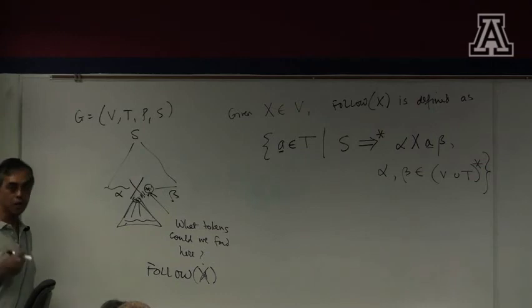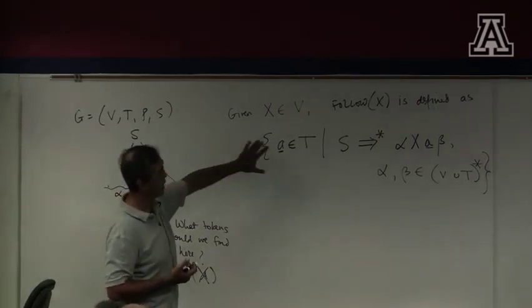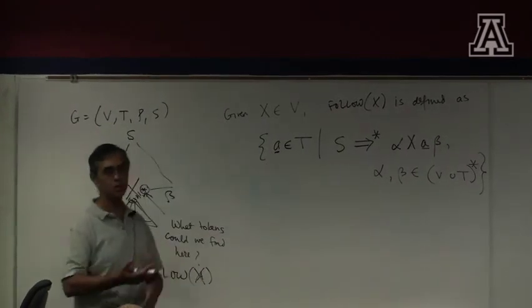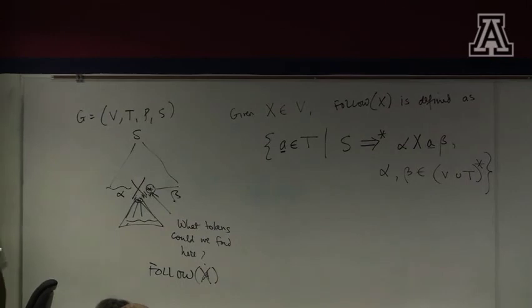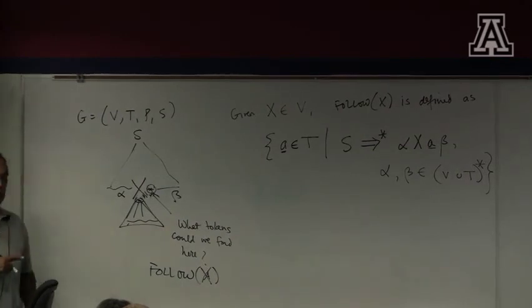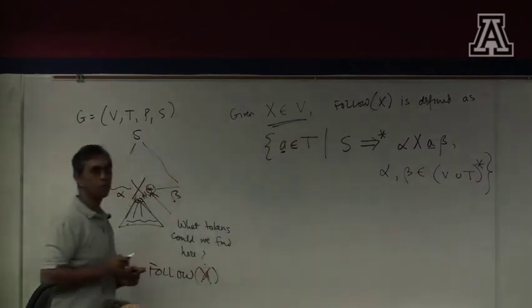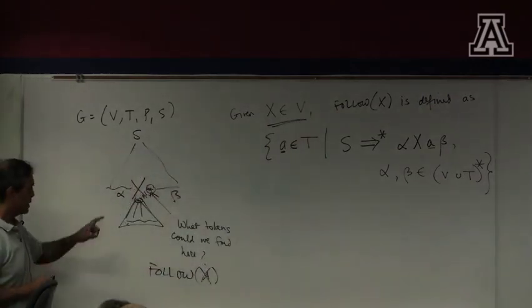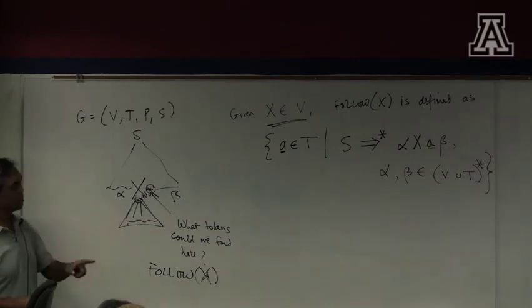If we really wanted to, we could imagine writing up an analogous definition that says, what are the tokens that could follow a token? We could do that. The reason we don't, and the reason my definition presupposes that I'm talking about a variable, is that the whole point in defining follow sets is to help us figure out when we should reduce actions.